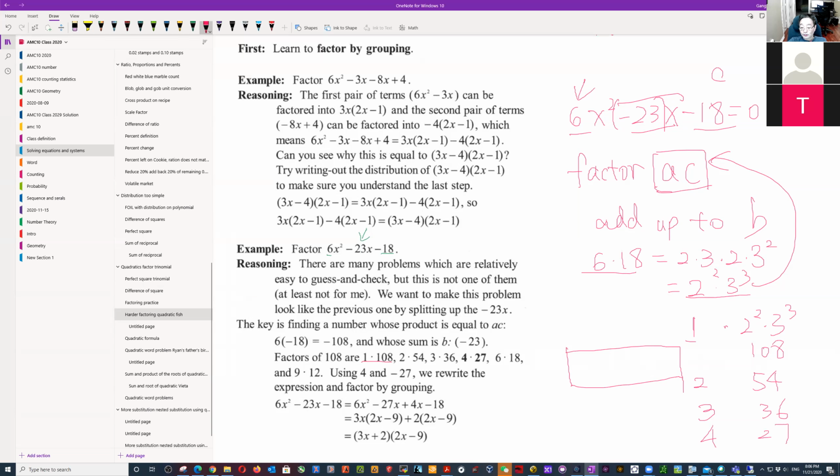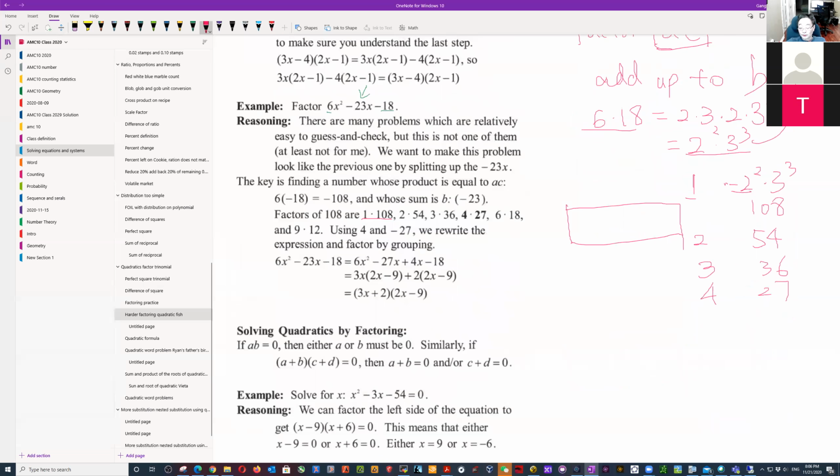Because this is negative, we are trying to factor the negative of 2 squared multiplied by 3 cubed. So 2 squared is the factor, and the remaining is 3 cubed. That's very easy to figure out. And because we are trying to get to negative 23, we find a successful factoring.